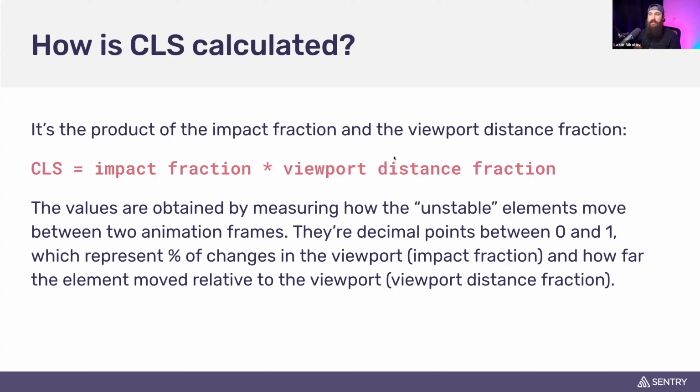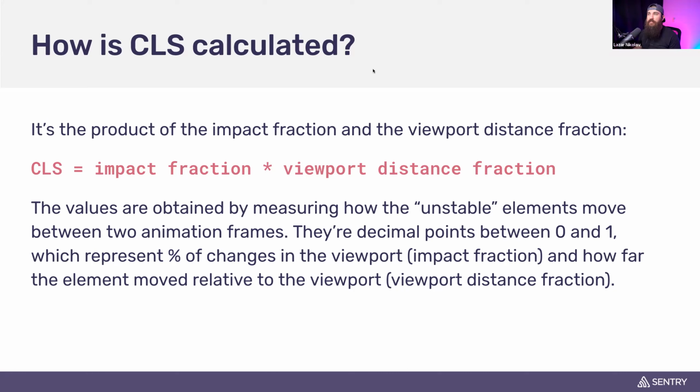It is the product of the impact fraction and the viewport distance fraction. So what are these two? Both of these values are decimal values from 0 to 1, and they represent the percentage of the changes relative to the viewport. The impact fraction is what percentage of the viewport has been impacted with the shift.